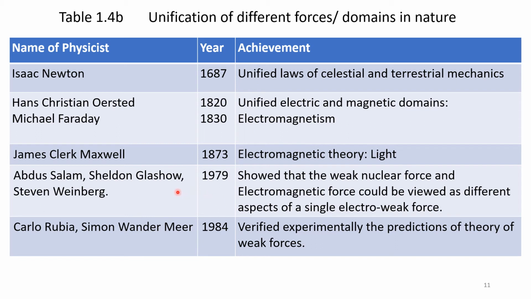Abdus Salam, Sheldon Glashow, and Steven Weinberg in 1979 showed that weak nuclear force and electromagnetic force could be viewed as different aspects of a single electroweak force. Carlo Rubbia and Simon van der Meer in the year 1984 verified experimentally the predictions of the theory of weak forces.